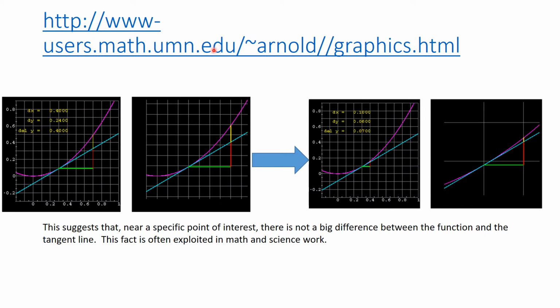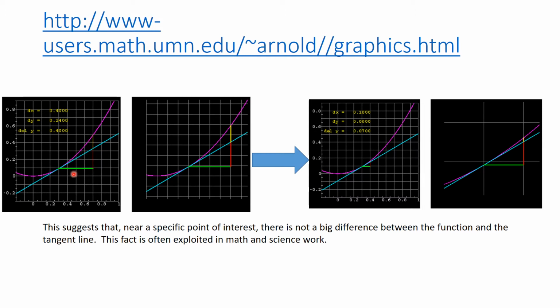At this website that I'm pointing at right here, there's a very nice animation, and the big thing that I want to talk about is that if I'm far away from the picture, the purple curve and the blue curve are quite different.